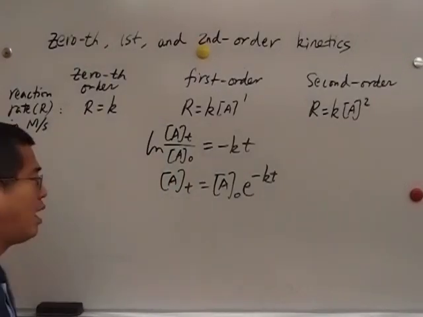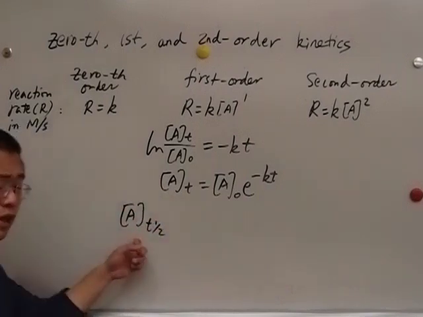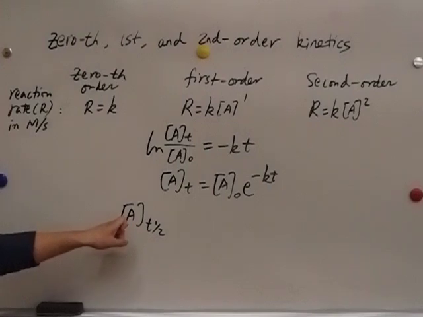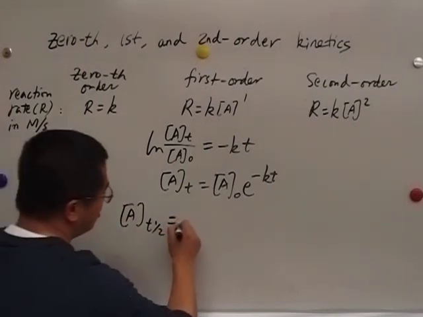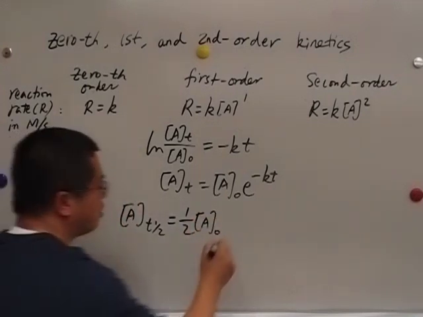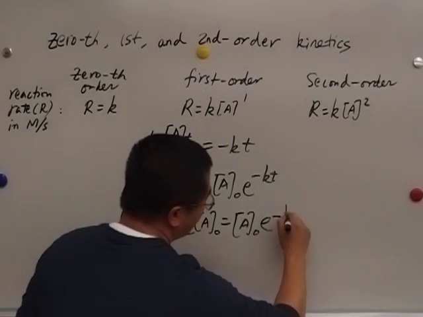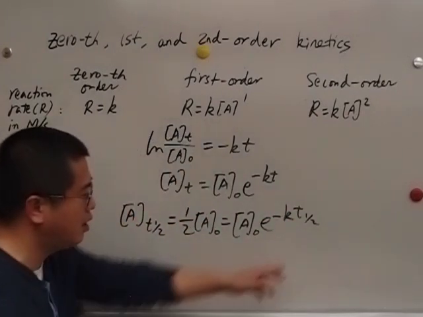Now we're going to work on the half-life. This is when this concentration of A is 1/2 of the initial concentration A naught. I'm going to plug in this half-life here.